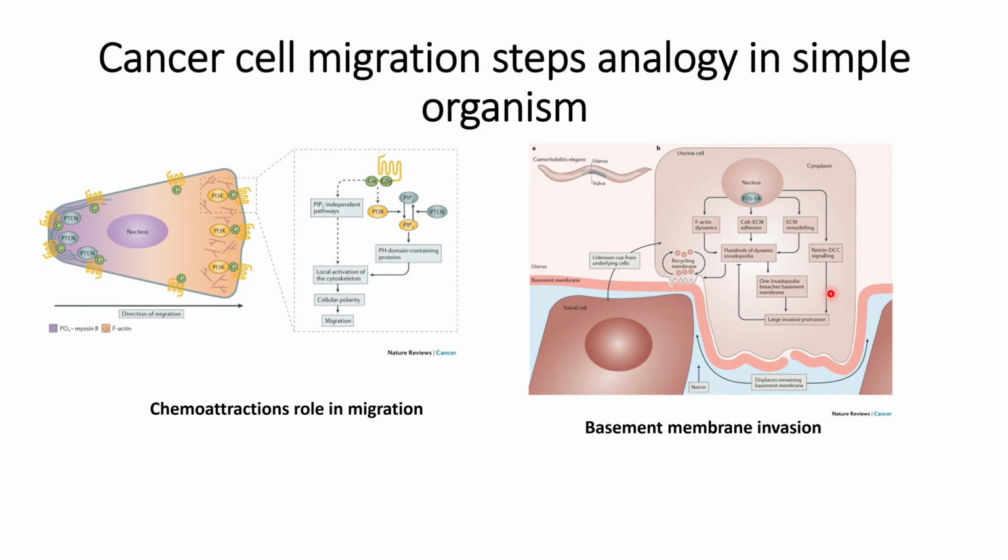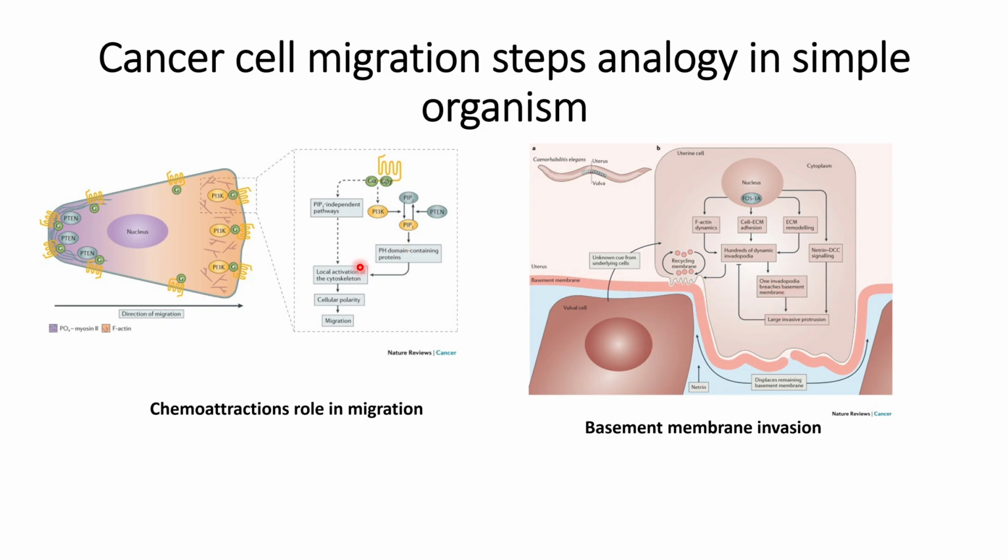What happens in cancerous cells is that sometimes the netrin DCC signaling pathway gets inhibited, and if it is inhibited, the blocking of these hundreds of dynamic invadopodia will not occur, and cells can easily invade or migrate through the basement membrane.